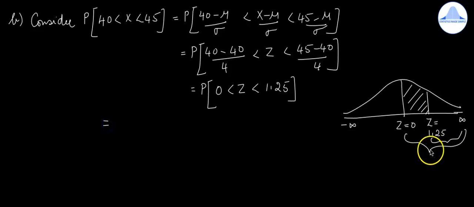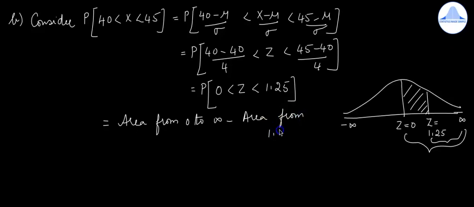So the larger bracket area minus the smaller bracket area will give the shaded area. So this is equal to area from 0 to infinity minus the area from 1.25 to infinity.